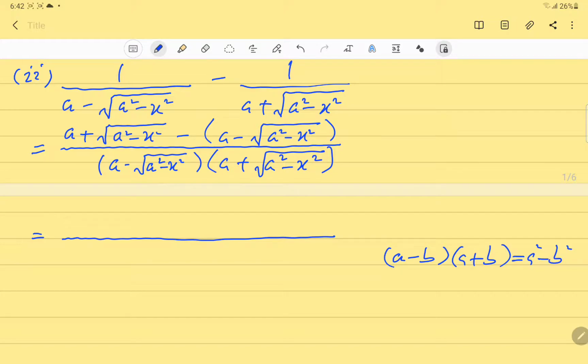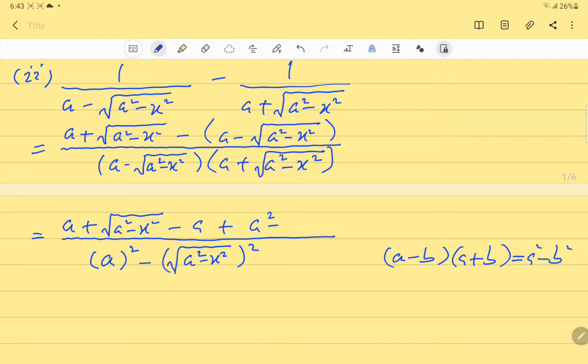So based on this formula we will write a squared minus square root of a squared minus x squared, whole square, and in the numerator we'll open the brackets: a plus square root of a squared minus x squared, minus a plus square root of a squared minus x squared.